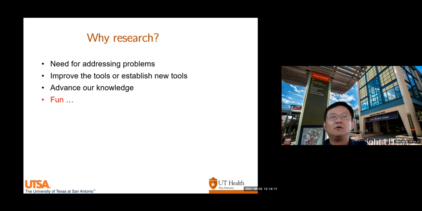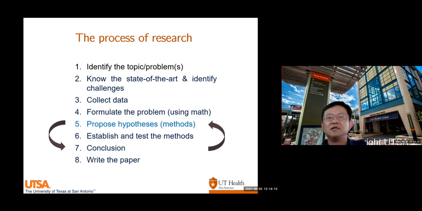So now, what is the process that we follow to conduct research? I listed 8 steps. Okay, so they pretty much cover most of the processes, regardless of whether you're conducting engineering research or scientific research. However, when it comes to some of the detailed research, some of these steps can be swapped, but in general, these are the main steps.